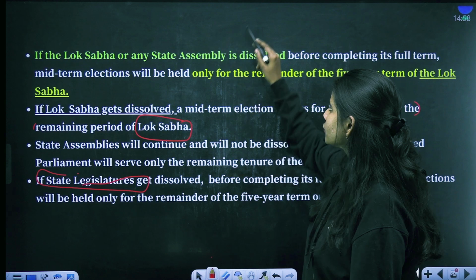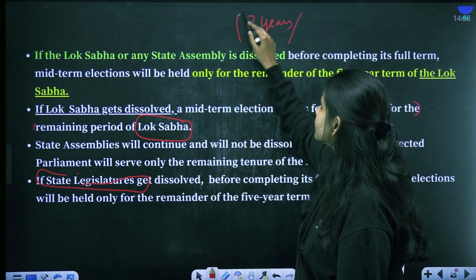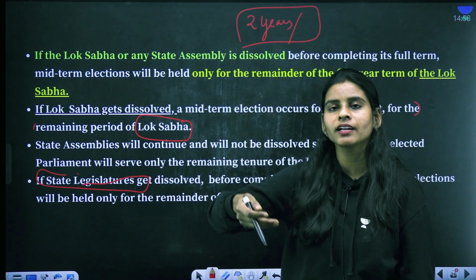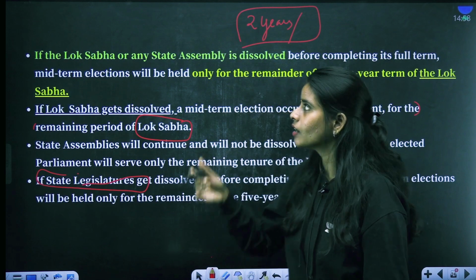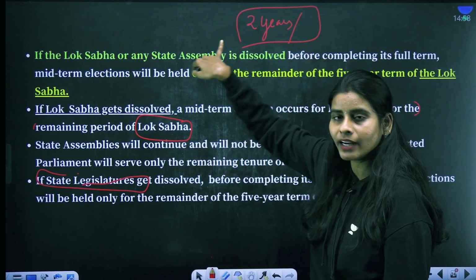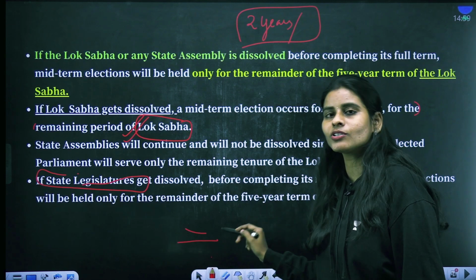Say for example, if the state legislature has completed 2 years of its term, right, and if it is dissolved before completing the next 3 years, then the fresh elections or the midterm elections will happen so as to complete the remaining tenure of the Lok Sabha only, not the state legislature's remaining tenure.